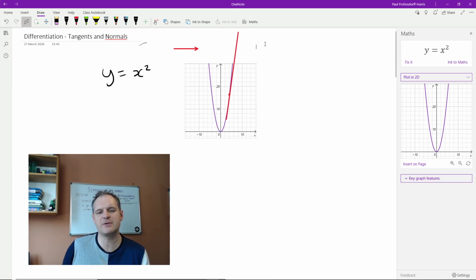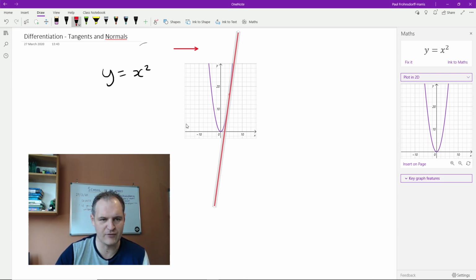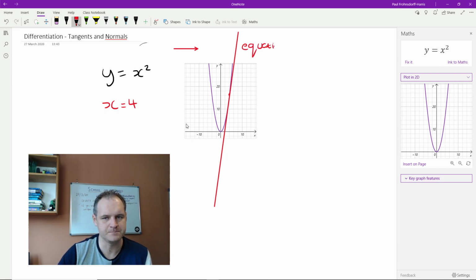That is going to be the line that we want to know the gradient of if we're going to do the tangent of the equation. And let's say we gave ourselves the value x equals 4, I believe, there. We'd quite like to know the equation of this line.